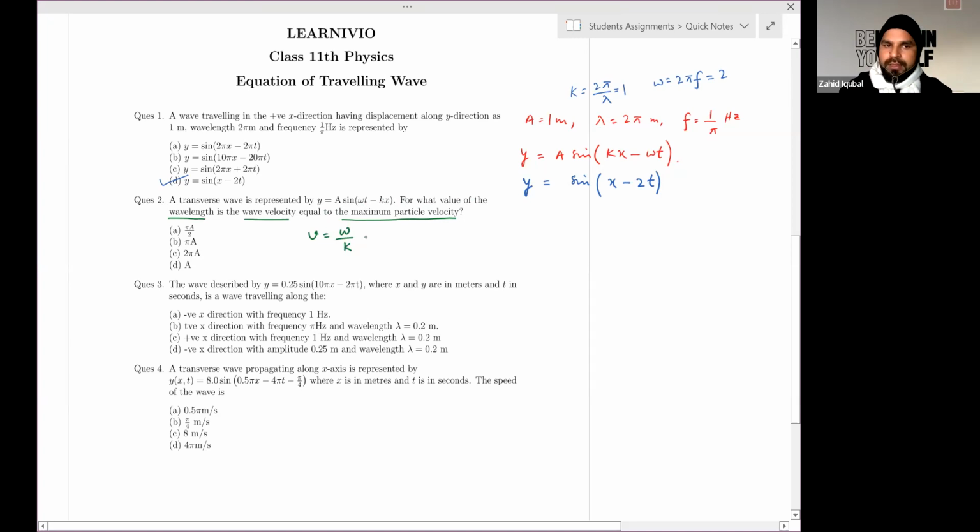If you put k as 2 pi by lambda, the wave velocity will be this. And maximum particle velocity was omega times A. So just equate these two terms and you'll get the value of lambda for which these two velocities are equal to each other. Try to solve.